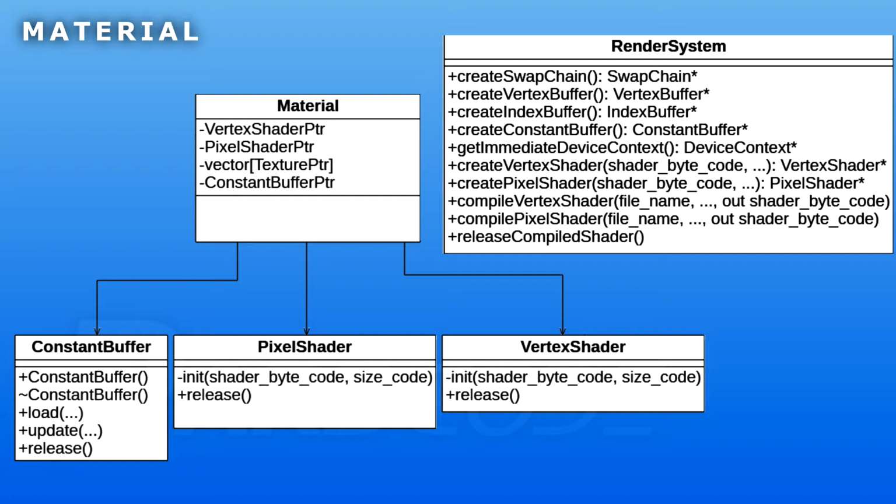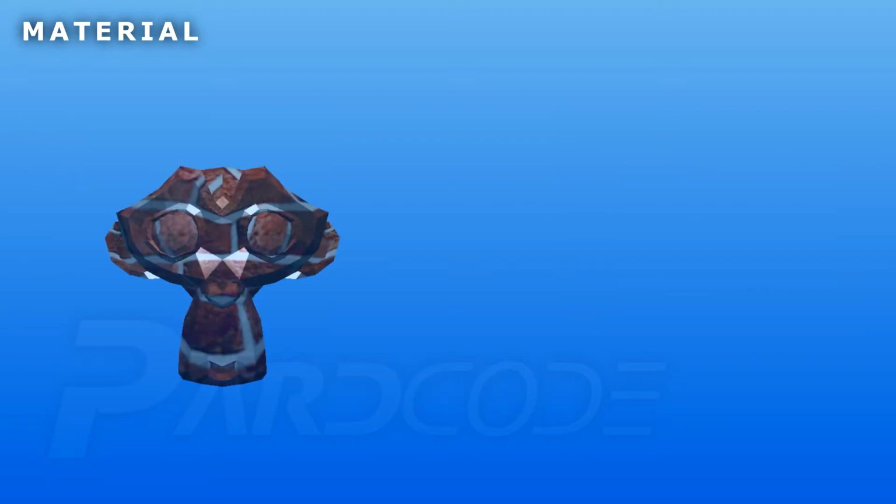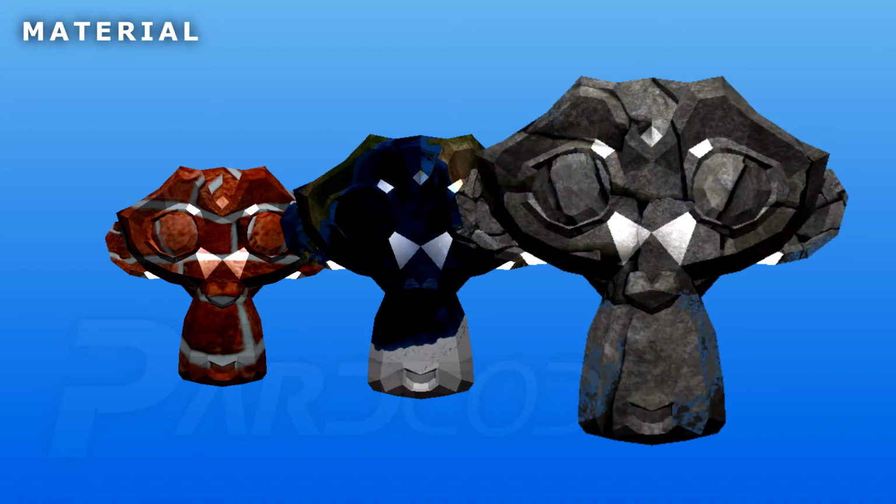And since a material is not a resource created directly by the graphics API, the better place in which this resource should be handled is the graphics engine class. In this way we can create any number of materials we want, and for each material we are free to set our custom vertex and pixel shaders and any number of textures we want.